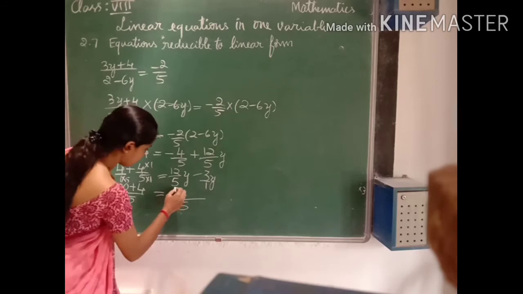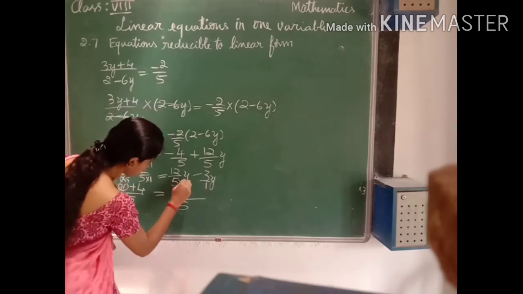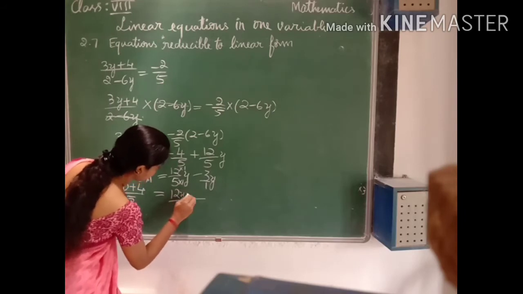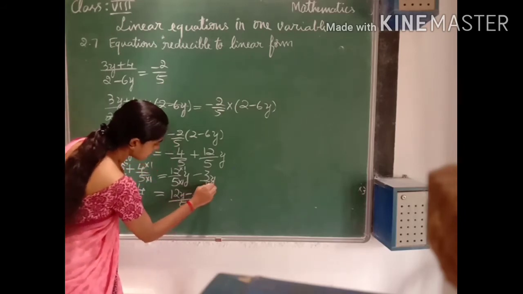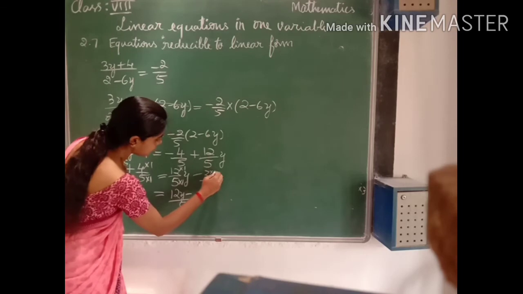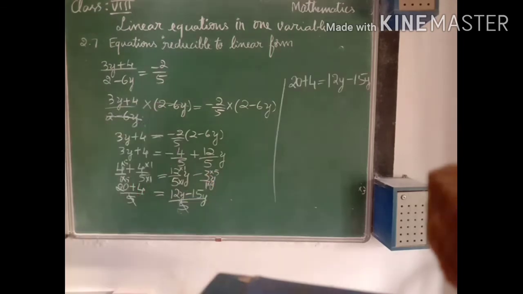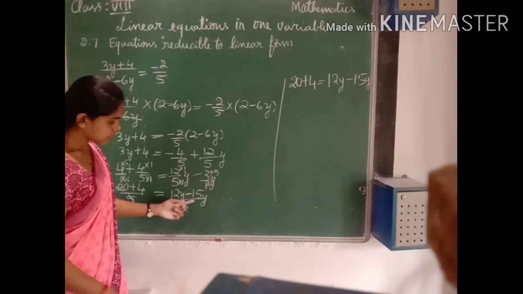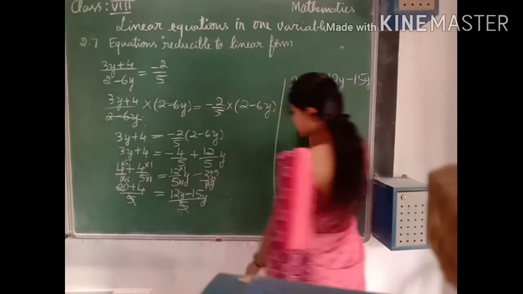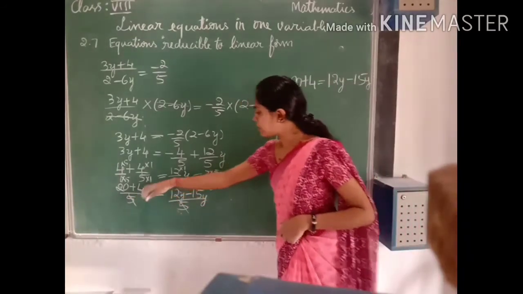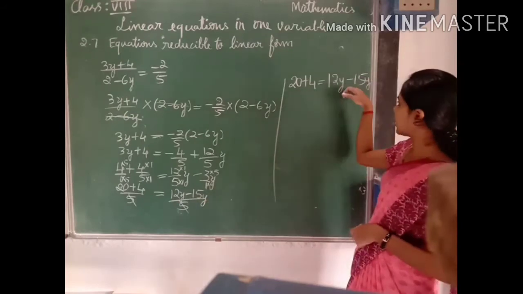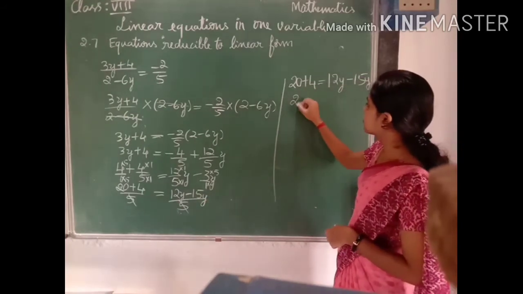Here 5 1s are 12y minus 1 5s are. So multiply by 5. 3 5s are 15. Okay, 12y by 5 minus 15y. So we got 20 plus 4 is equal to 12y minus 15y. So 20 plus 4 is 24.